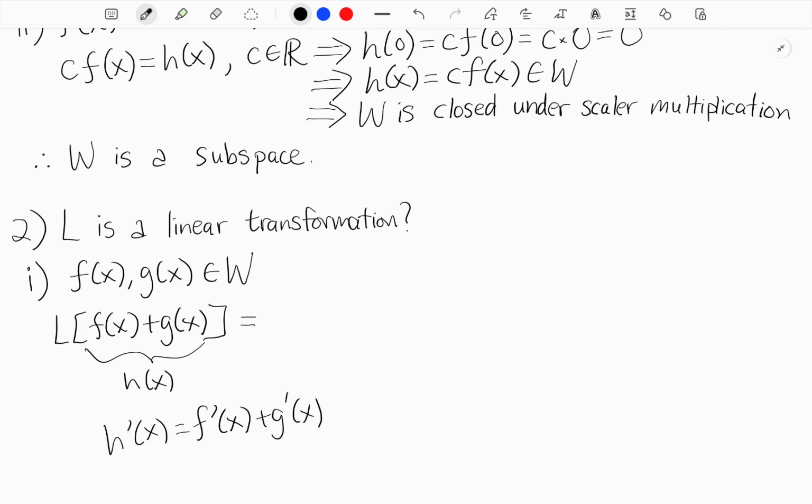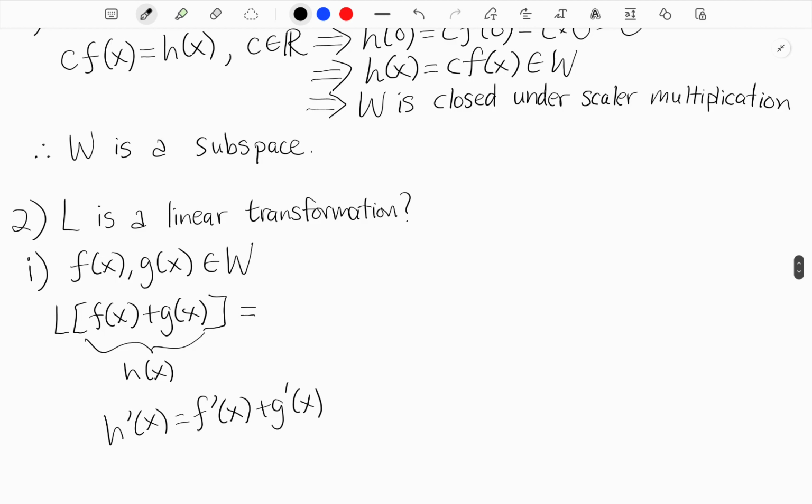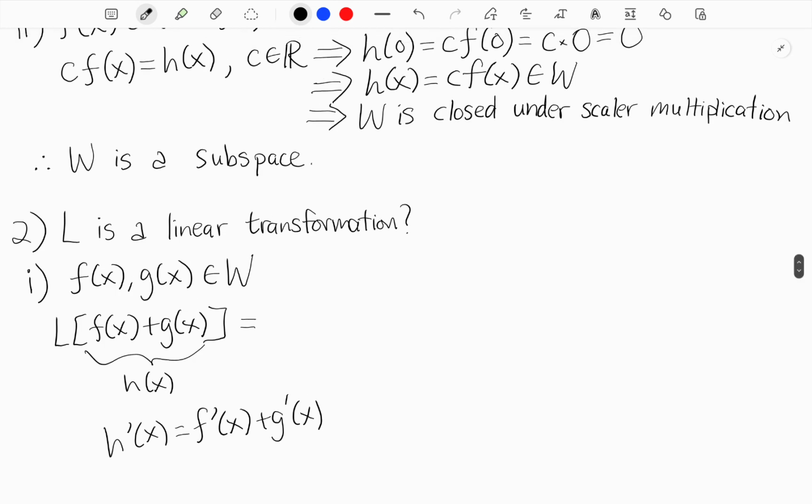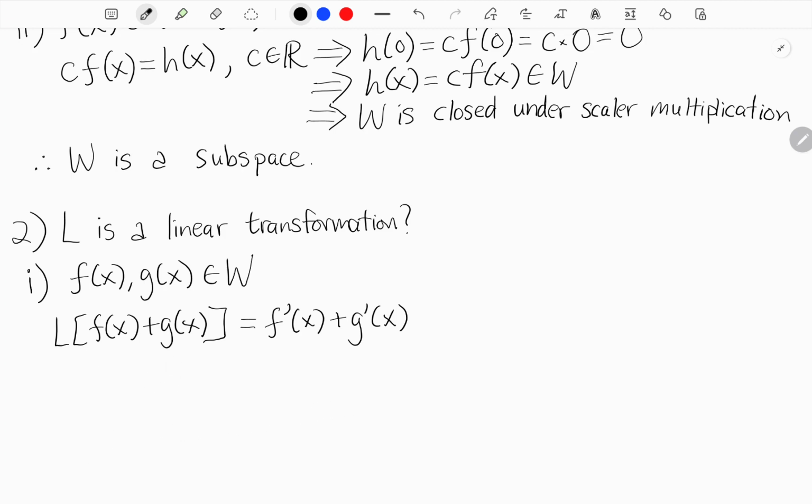So here, L of f of x plus g of x is going to equal you're just taking the derivative of f of x plus g of x, which is you just take the derivatives of them individually, which is f prime of x plus g prime of x. What does this mean?